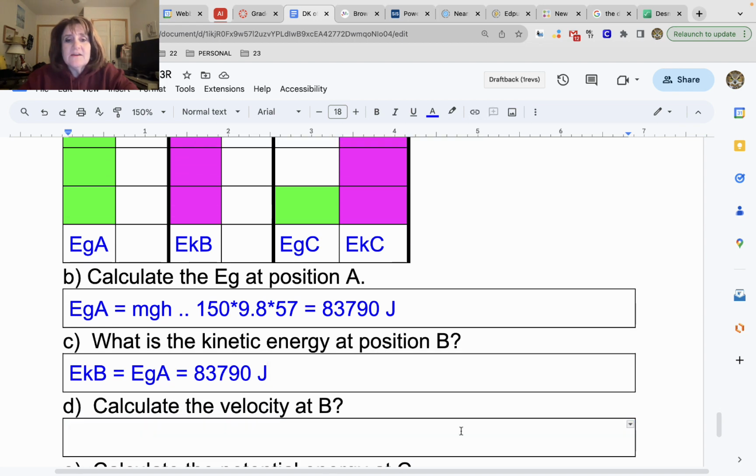D says calculate the velocity. Velocity is equal to the square root of 2EK divided by M. So this is the square root of 2 times 83,790 divided by 150.